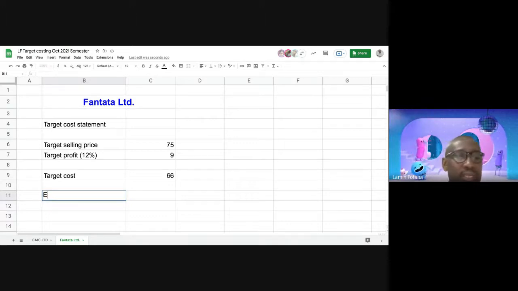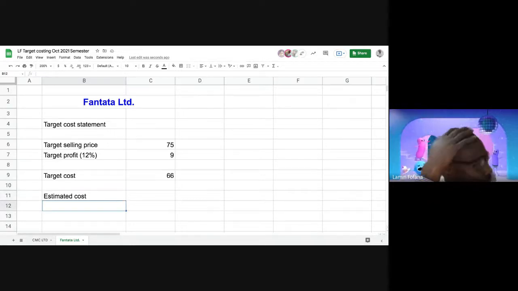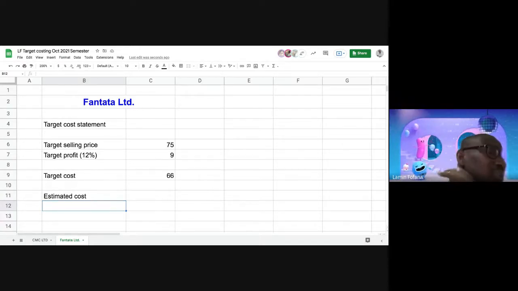So we say estimated cost. That will be our estimated cost calculation. Looking at our question, this estimated cost is nothing except the cost that we're going to get from either our absorption costing or our ABC. This time around, the cost they have given us, is it from ABC or is it from absorption costing?